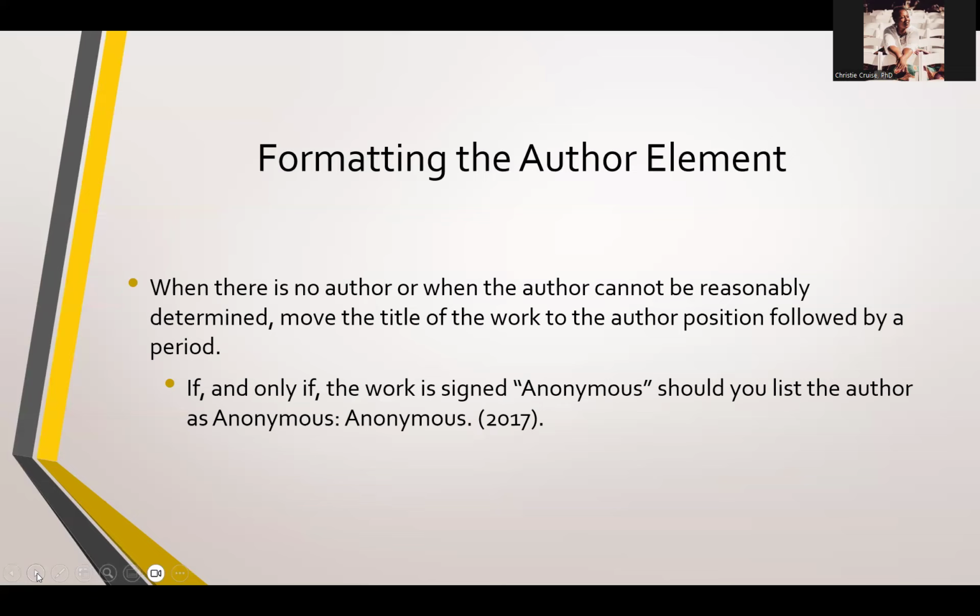If and only if the work is signed Anonymous, should you list the author as Anonymous. If the work is not signed anonymous, then you do not put Anonymous just because you can't find the author or you don't know who the author is. Otherwise, move the title to the author position.